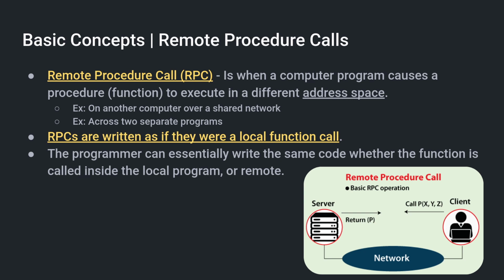And in the bottom right, you can see the basic operation of an RPC. You have the client right here, which calls the P function, which contains data for X, Y, and Z. The server receives that and returns a value to the P function, which the client then receives. And this is over a network.